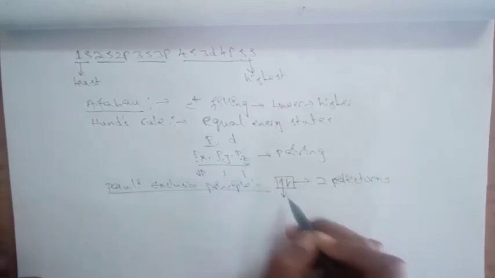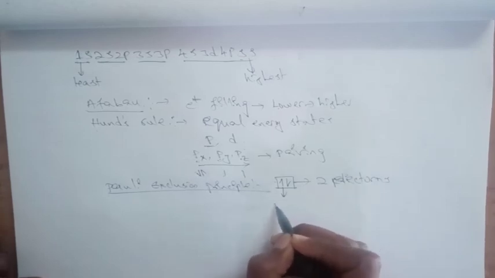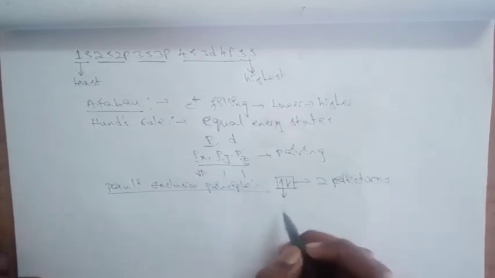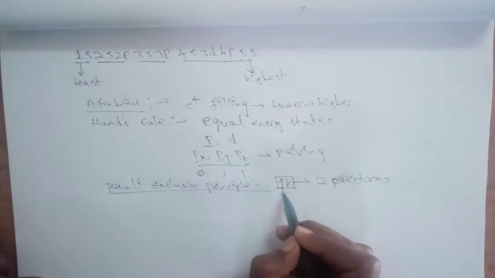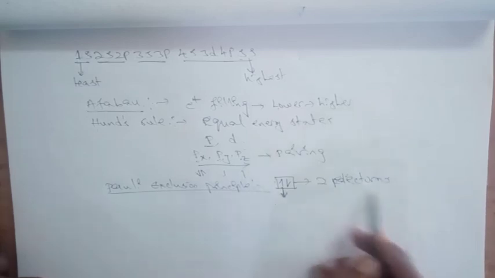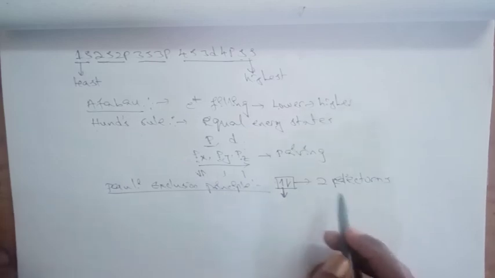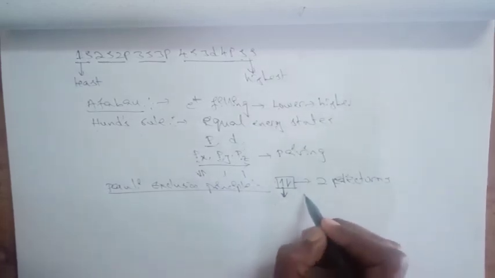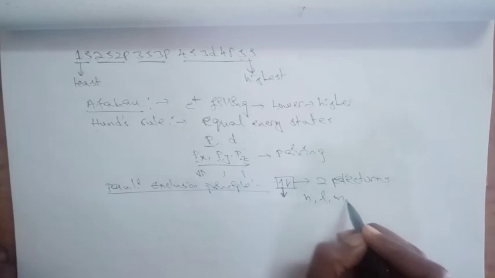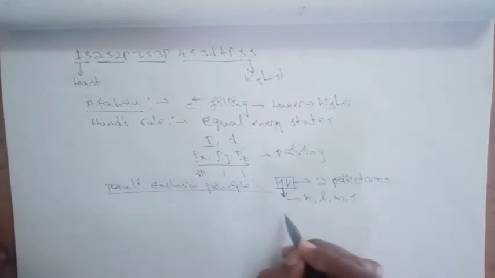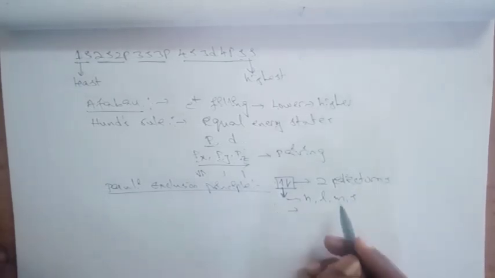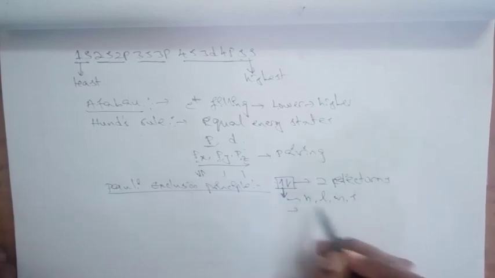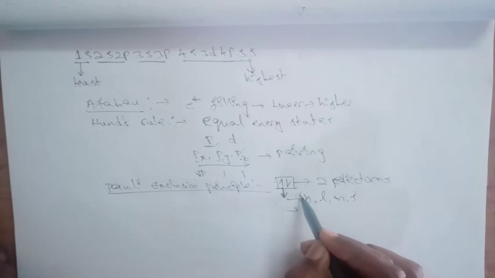This indicates that no two electrons will have the same set of four quantum numbers. That means at least one of the four quantum numbers will differ for two electrons, which indicates the uniqueness of each electron, different from one another.